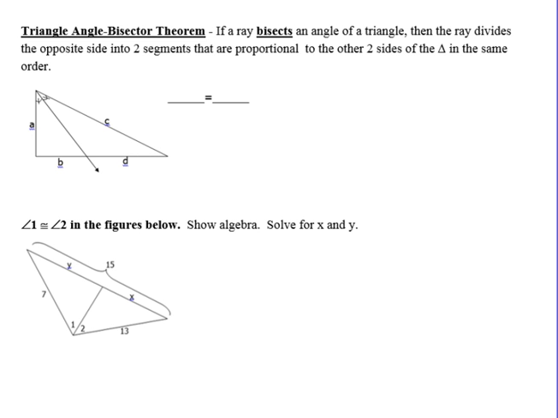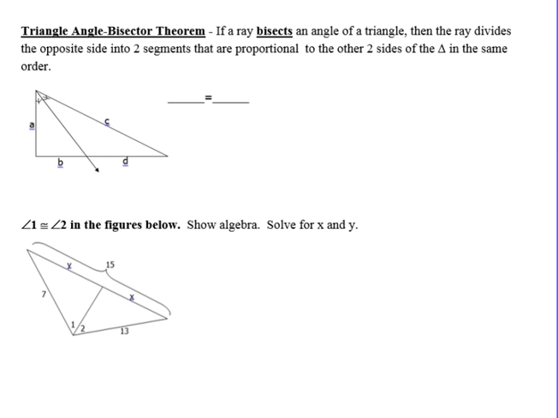We have the triangle angle bisector theorem, which states that if a ray bisects an angle of a triangle, then the ray divides the opposite side into two segments that are proportional to the other two sides of the triangle, in that same order.